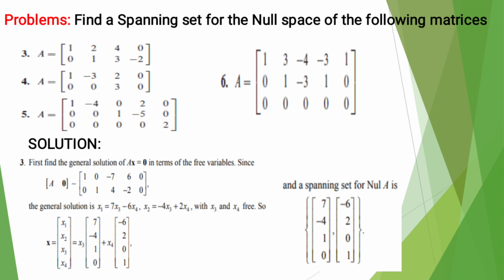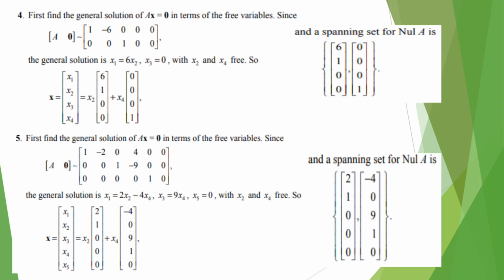These two values we substitute in the x vector. So here it is the linear combination of two vectors, 7, minus 4, 1, 0 and minus 6, 2, 0, 1. These two vectors form the elements of the spanning set. So it is the example. The same way for the fourth problem and fifth problem.